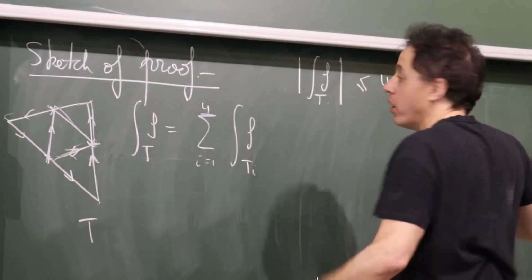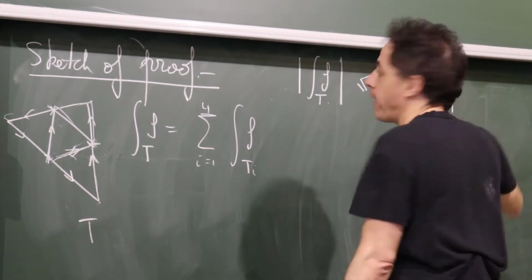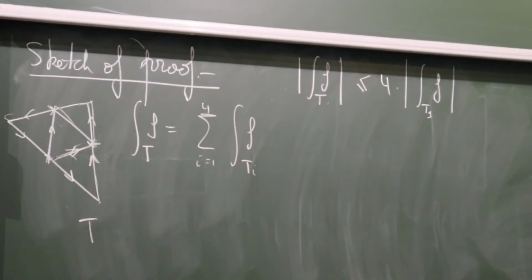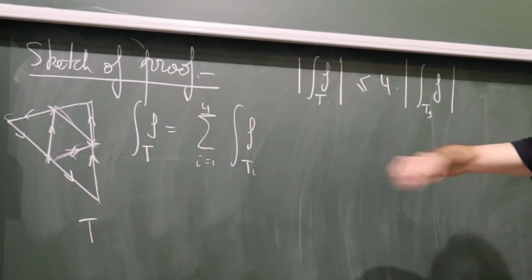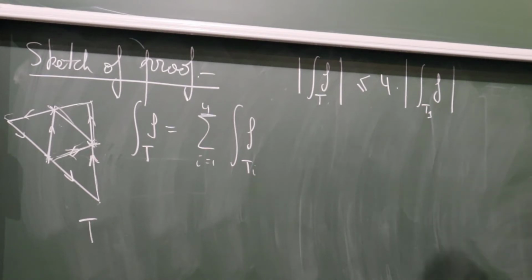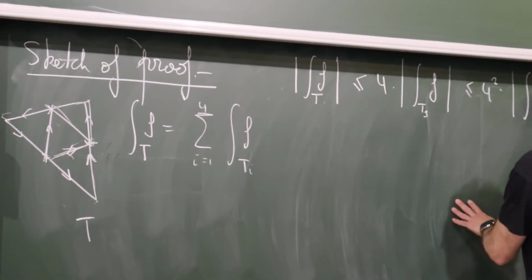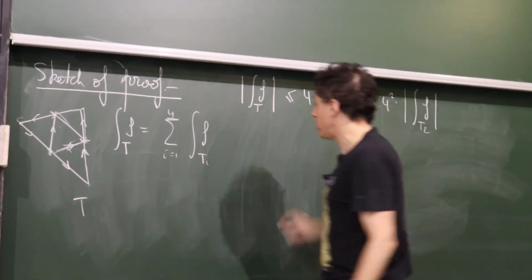I don't know which triangle, but take, for instance, of the 4 triangles, the one such that the integral has the bigger absolute value. Okay? And you can repeat this procedure. This T1, you can divide in 4, and again, etc.